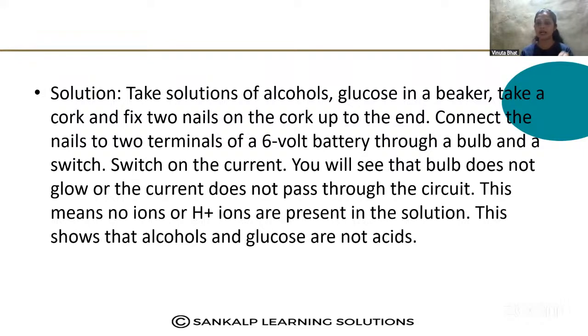The current passed through the circuit means H plus ions are present, but these H plus ions are not present in the alcohol and the glucose. So that is the reason they are not considered as acids. They are not able to form H plus ions.